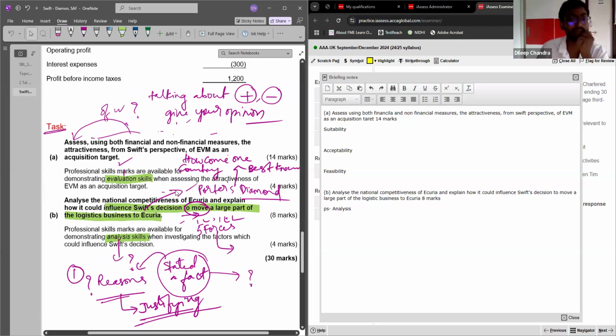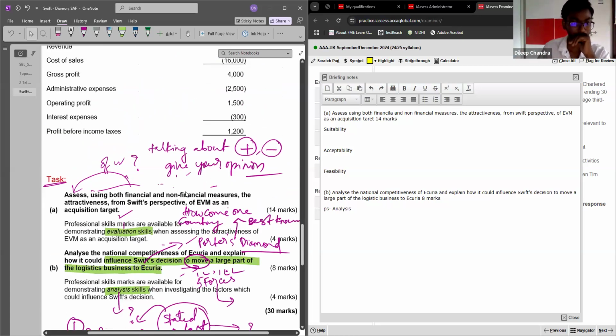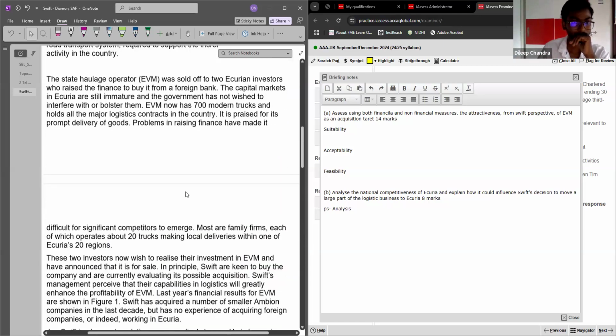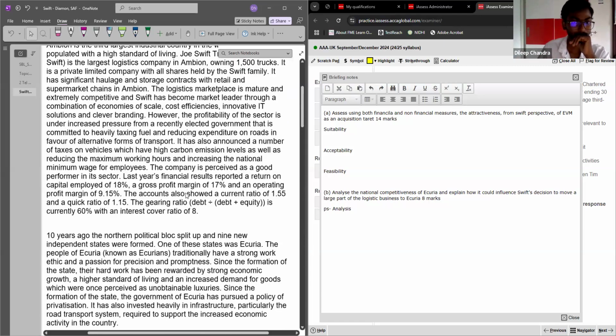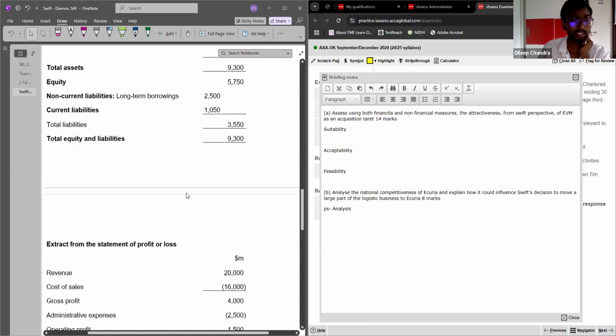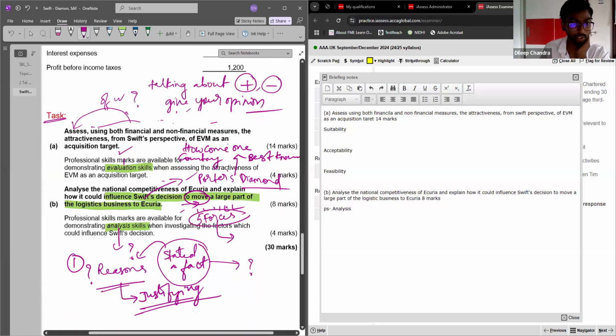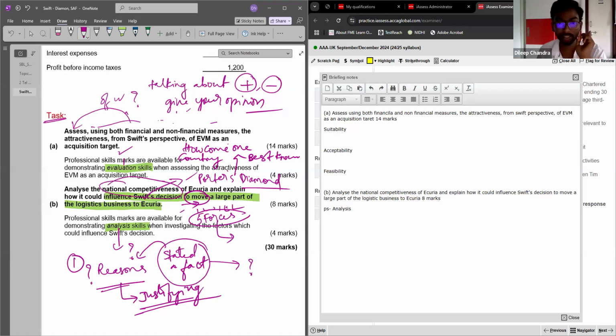While reading the question, we'll have to decide. And one more thing, I can eliminate five forces here. Why? Because they are talking about a nation's competitiveness and not just about an industry. If it was about an industry, then I would have thought about five forces.